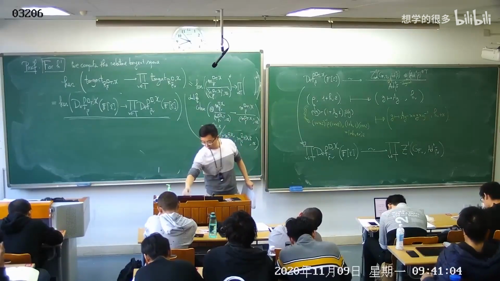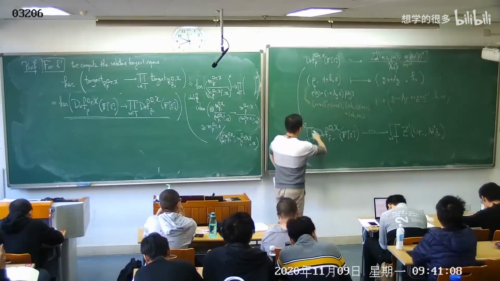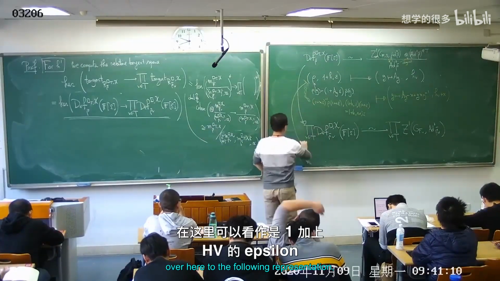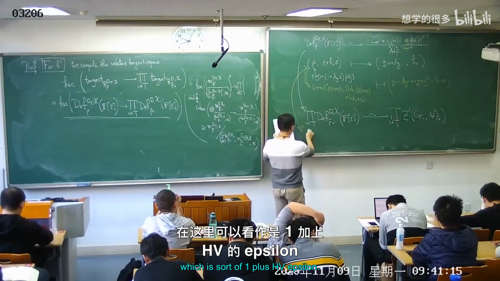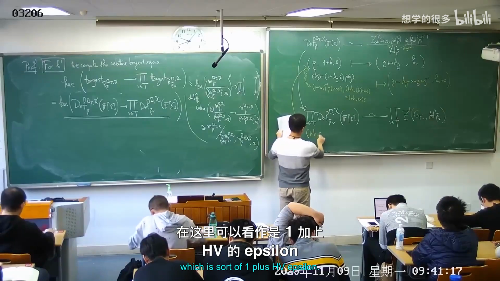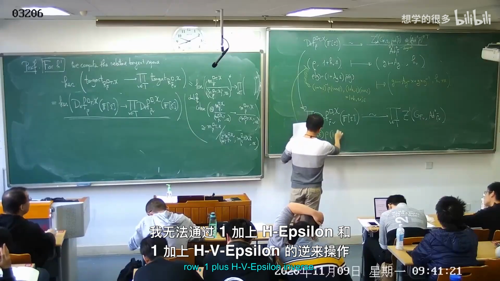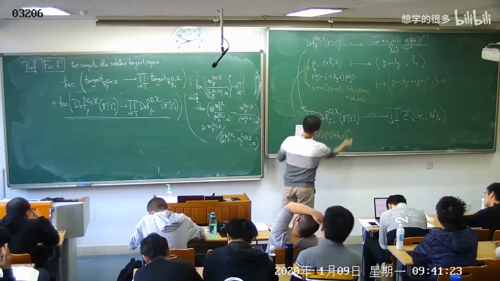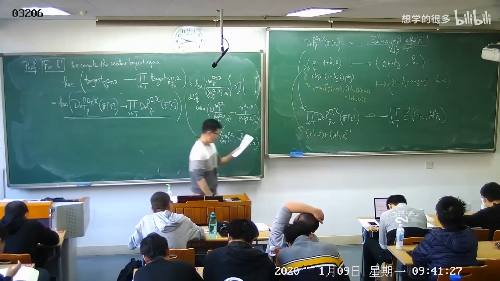Oh, I don't have a red. So let me use yellow again. So I send this thing over here to the following representation, which is sort of 1 plus HV epsilon. I conjugate by 1 plus H epsilon, rho 1 plus HV epsilon inverse.